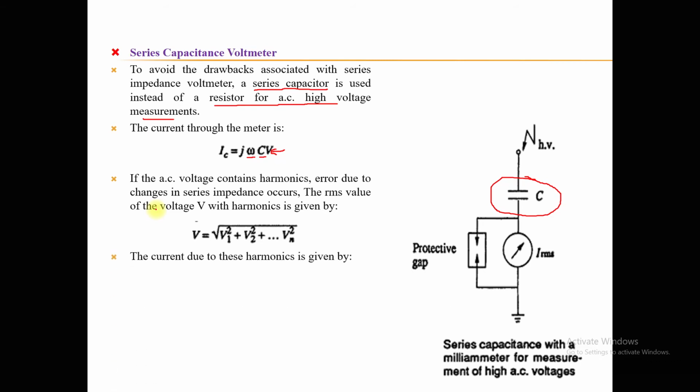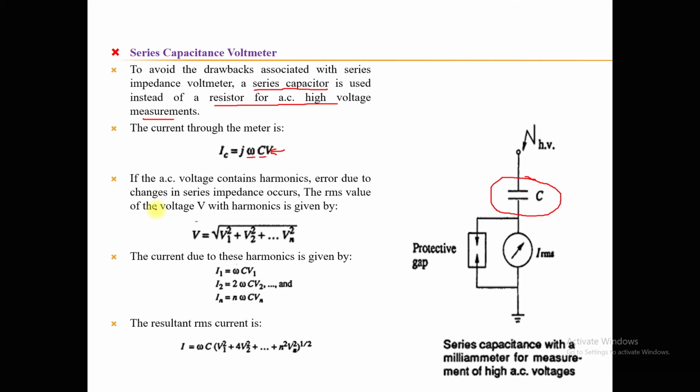Under this situation, the current due to the harmonics is given by I1 equal to omega CV1, I2 equal to 2 omega CV2, In equal to n omega CVn, where n represents the harmonic number. So the resultant current is omega C into square root of V1 squared plus 4 V2 squared plus up to n squared Vn squared.